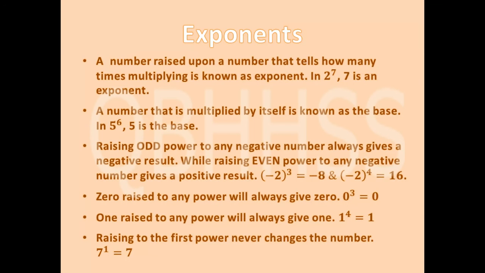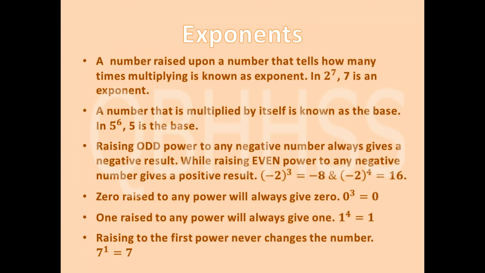A number raised up on a number that tells how many times you are multiplying is known as an exponent. In 2 raised to the power 7, 7 is the exponent. A number that is multiplied by itself is known as the base. In 5 to the 6th power, 5 is the base.